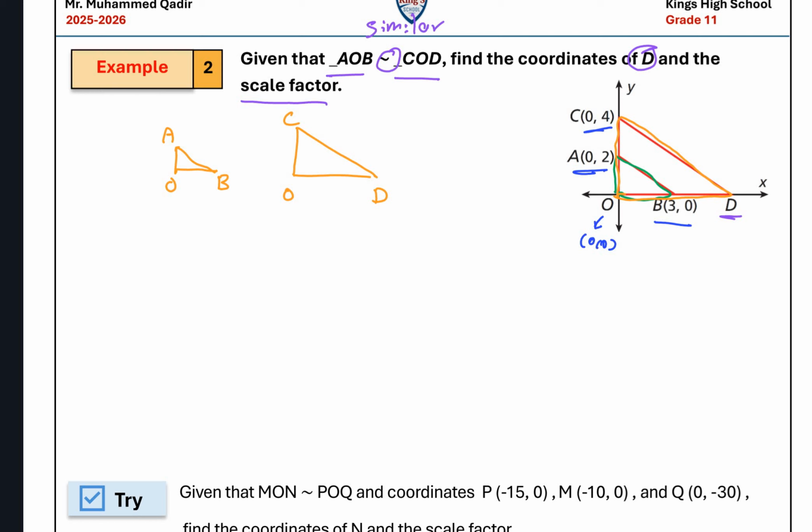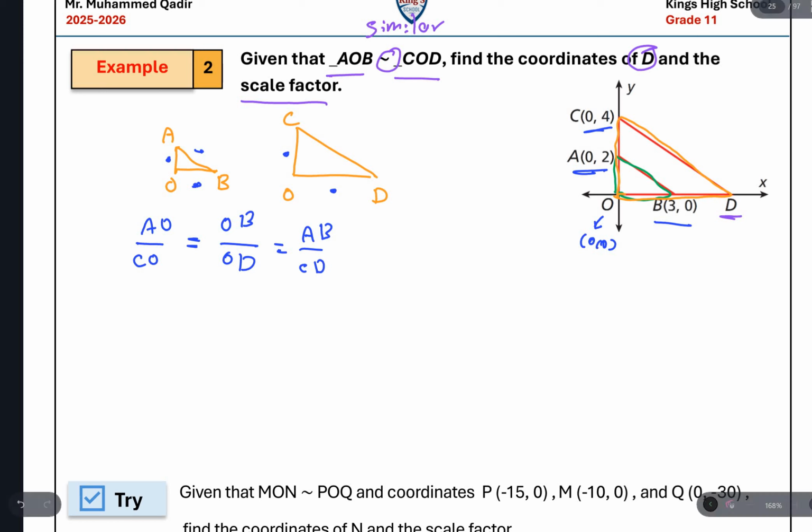I can say OA, this small part, over CO or OC, the corresponding sides, the small over the big one. AO over CO should be the same as OB over OD. Also, it should be the same as AB over CD.